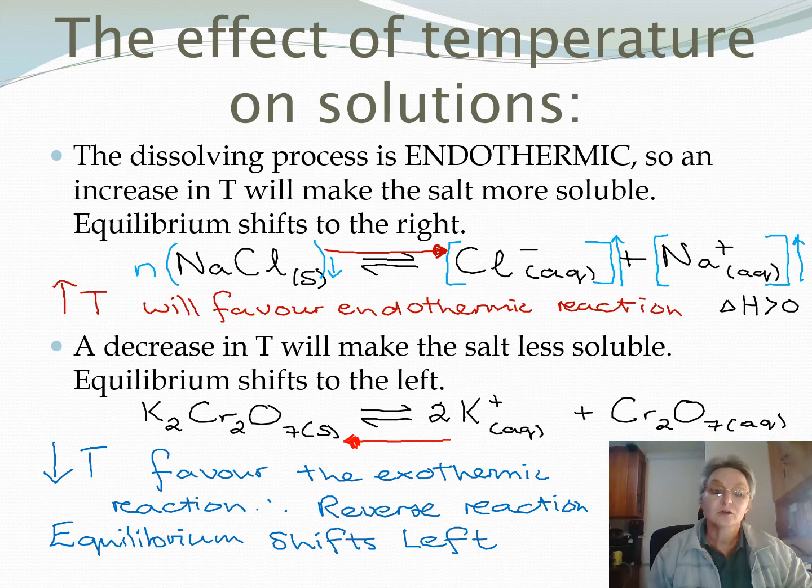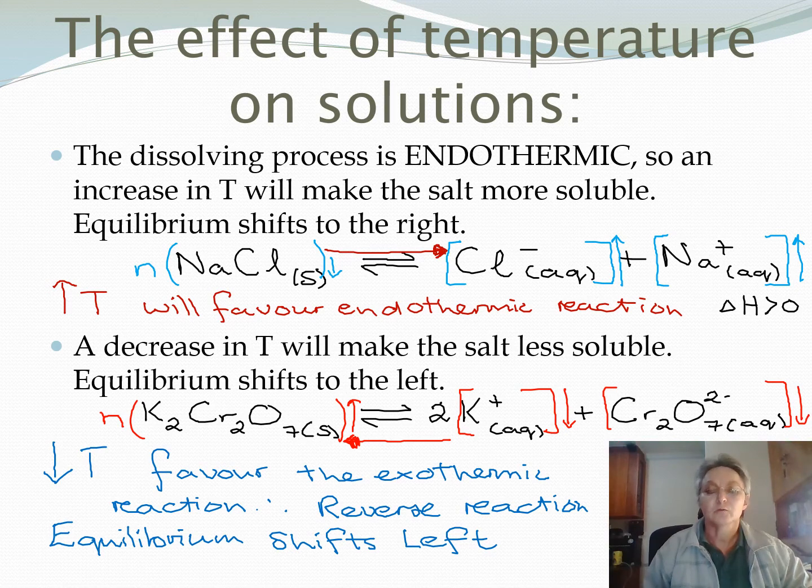We can't say concentration, but we can say the moles of the dichromate will increase. The concentration of the potassium ions will decrease, and the concentration of the dichromate ions will decrease. That's why we say the equilibrium shifts to the left.